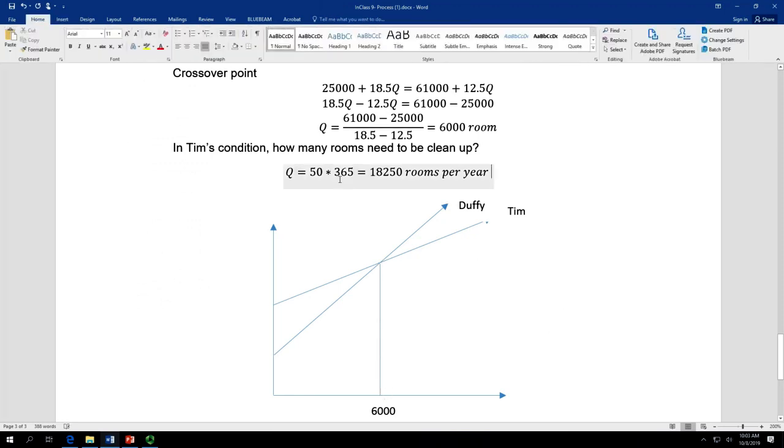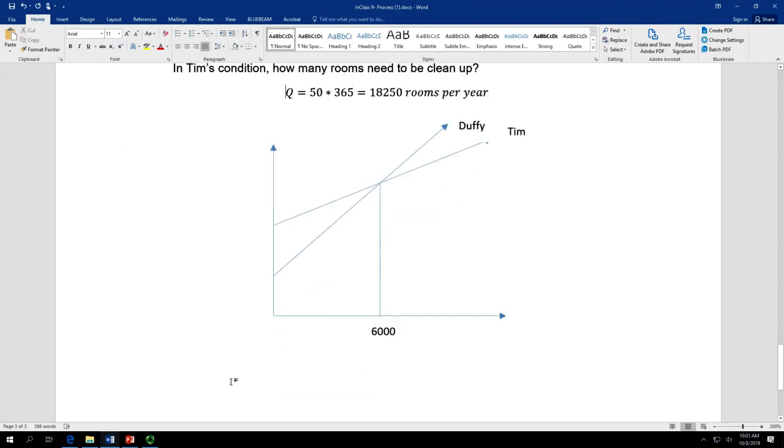However, for Q larger than the level where Q is now equal to 18250, it's clearly larger than the crossover point. And then from this chart, we see Teams cost is smaller than Duffy outsourcing.